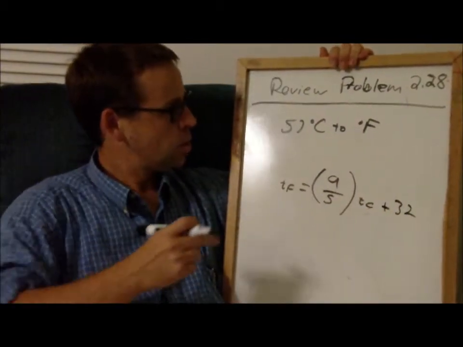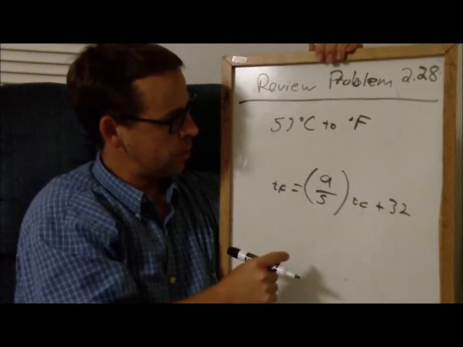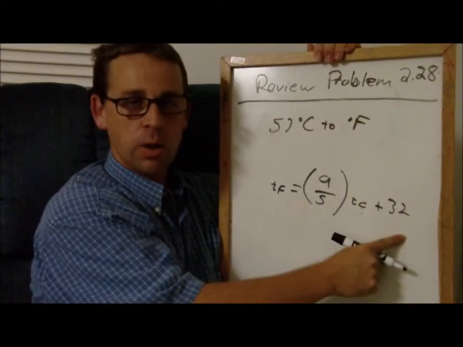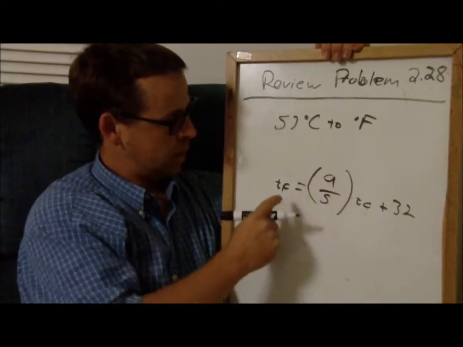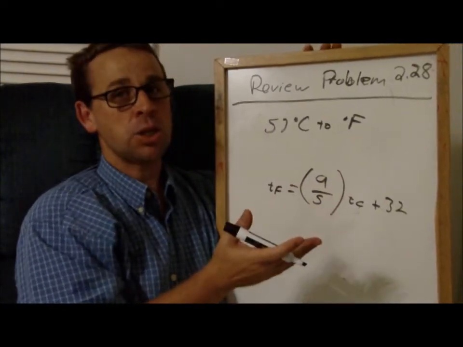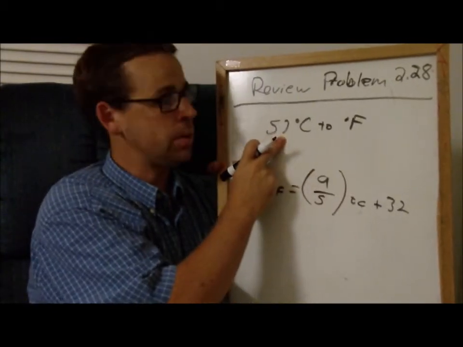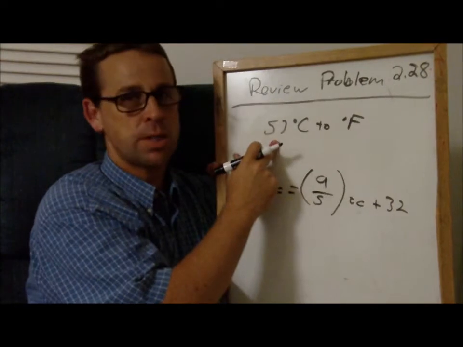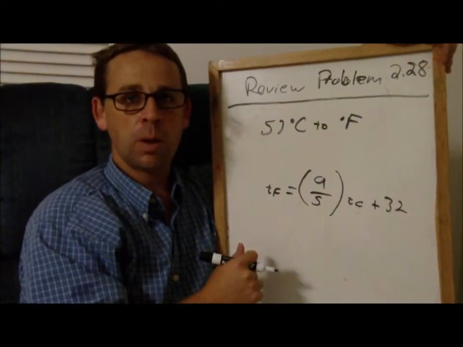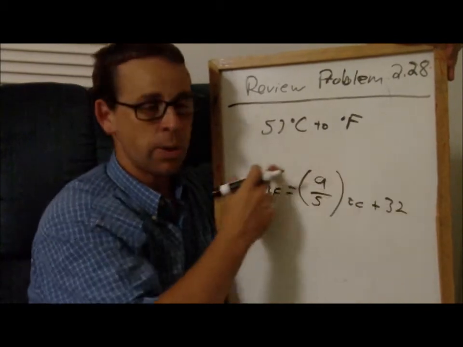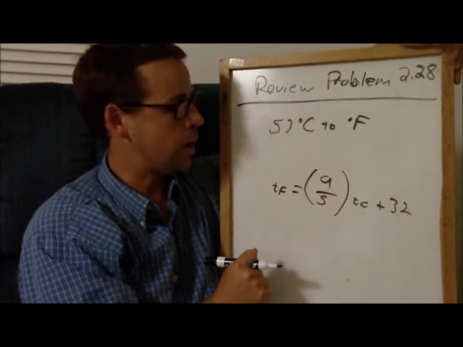All right? So we're converting 57 degrees Celsius to Fahrenheit. This is the equation on page 57. This is just a plug-and-chug problem. In other words, you have this equation and you have either degrees Fahrenheit or degrees Celsius, and you just plug and get the answer. Now, I'm not going to require you to memorize this degrees Celsius to degrees Fahrenheit equation.